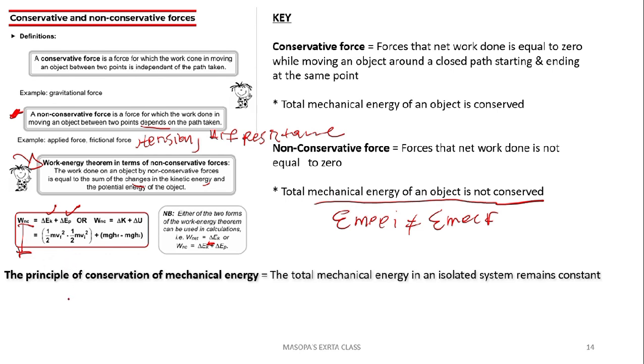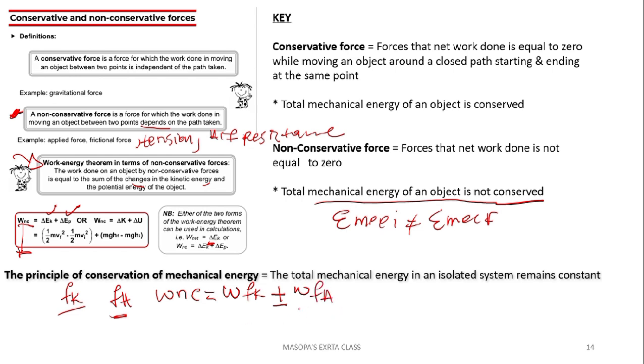So let's say in a diagram they talk about applied force as well as Fk. The work by non-conservative forces will be the work done by the applied force, plus or minus according to the sign of your force, the work done by Fk, right?